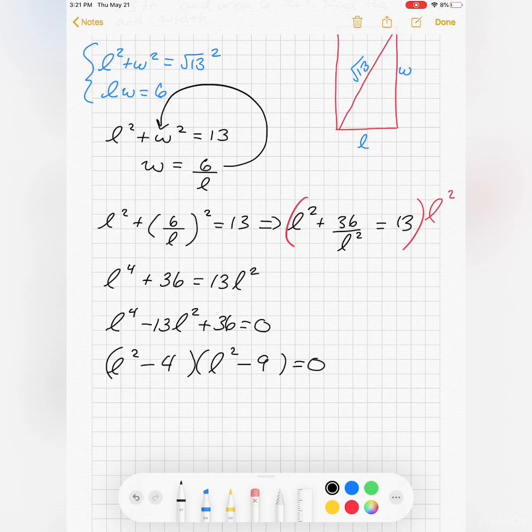Okay, minus 9 and minus 4, so positive 2 or positive 3. These can't be negative, right?